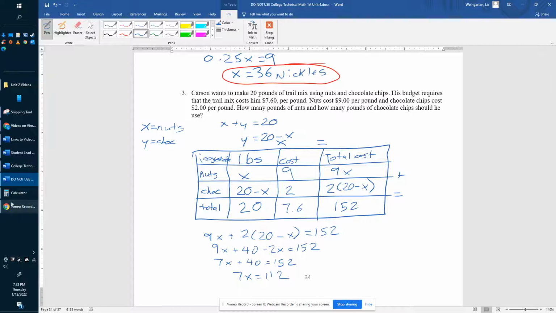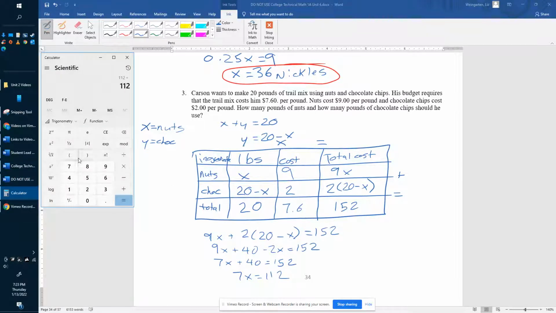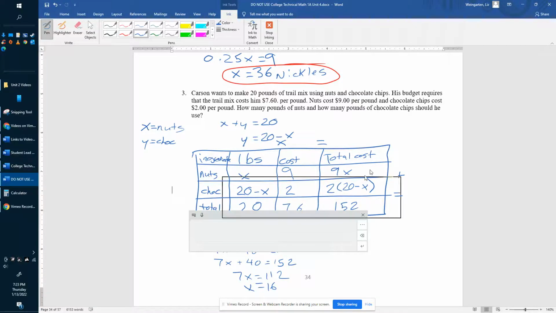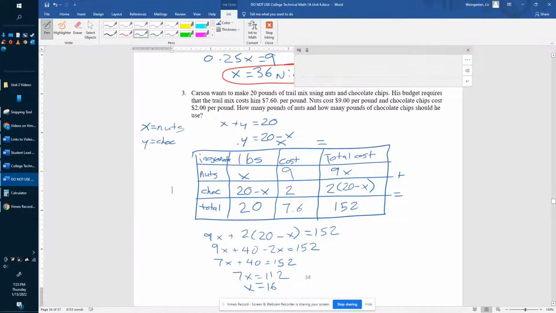And let's see what we get. 16. So what's y? Well, we have it up here, so let's solve for that. Y equals 20 minus 16, which is 4. So we need 16 pounds nuts and 4 pounds chocolate.